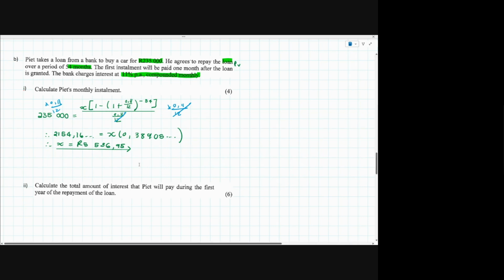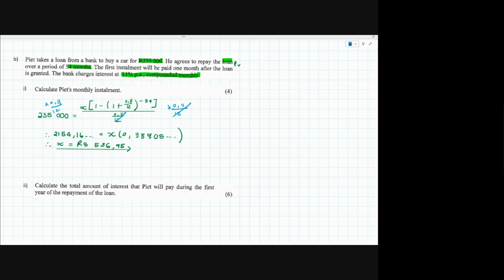So, ma'am, since also here we pay a month after we receive the loan, we wouldn't have to maybe deduct or add an extra month to the months that we have to have paid? No. Like I say, a normal loan scenario is that you only start repaying 1 month after your loan is granted.